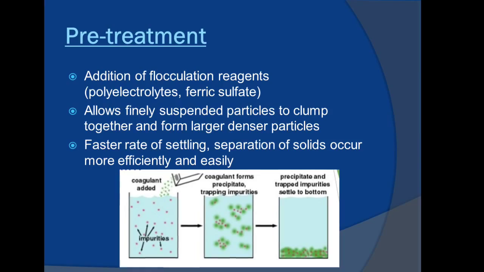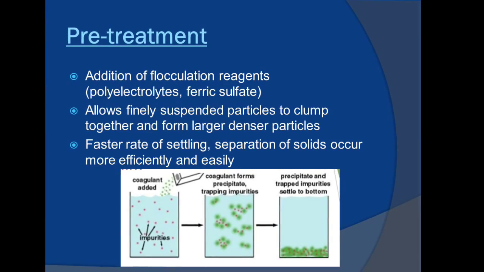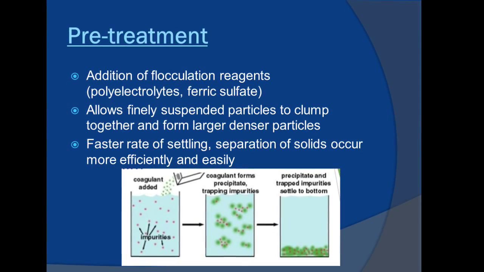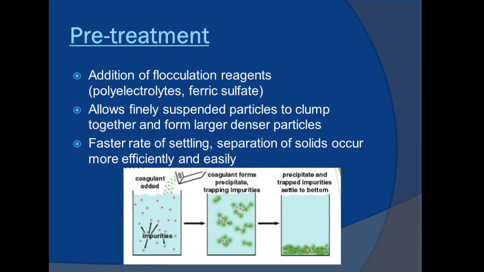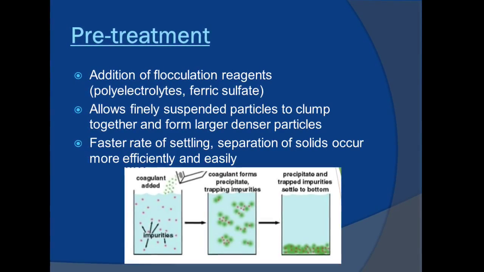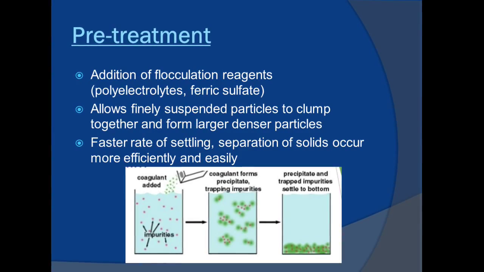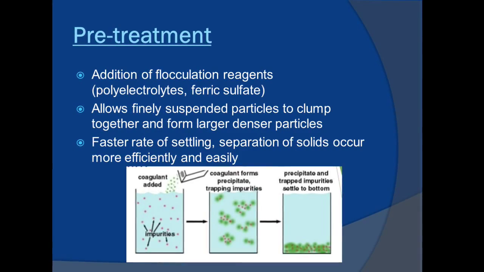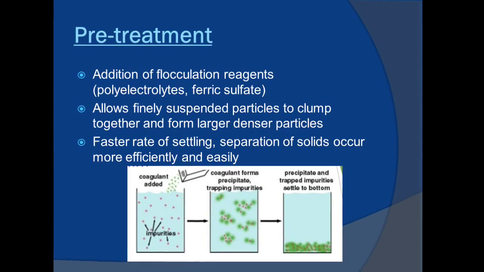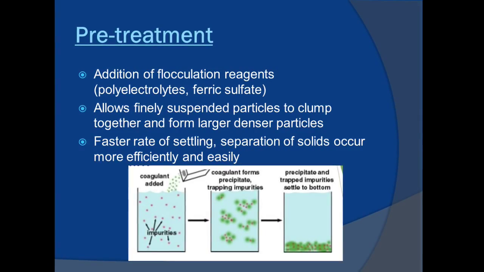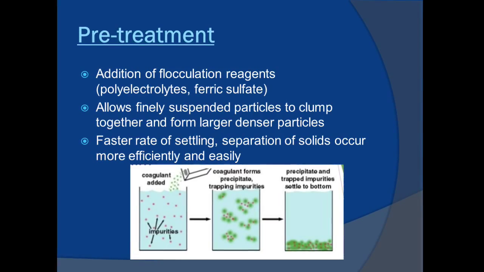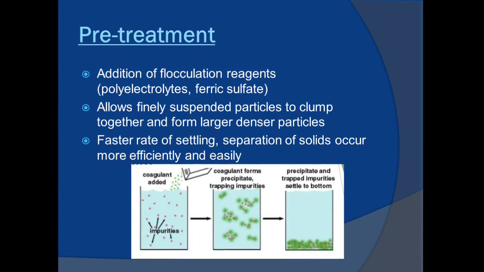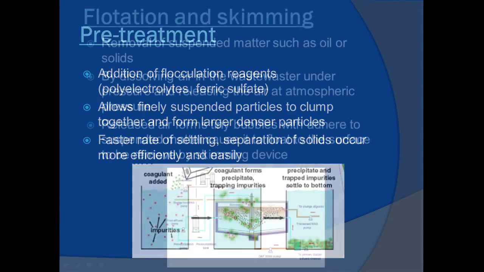During coagulation, coagulants are added to clump the particles together as shown in the diagram below. On the other hand, during flocculation, the solution is mixed gently so that the small clumps formed during the coagulation process will gather together to form larger clumps. And these larger clumps will easily settle down and be separated. This pre-treatment process removes most of the sediment in the water.